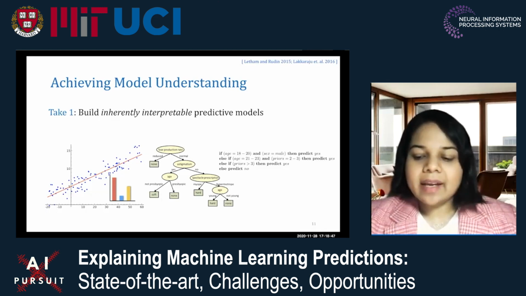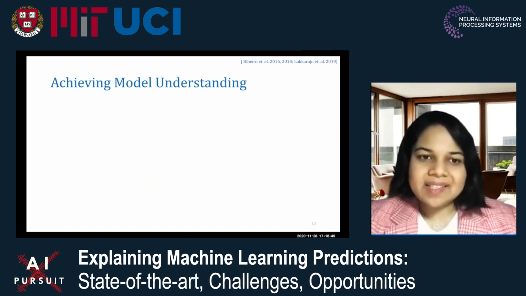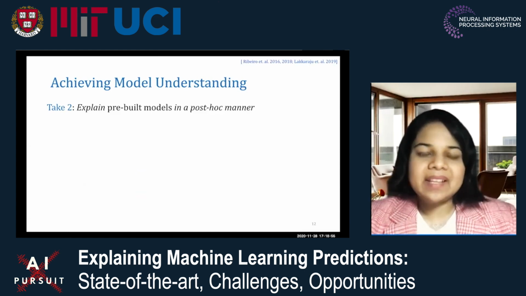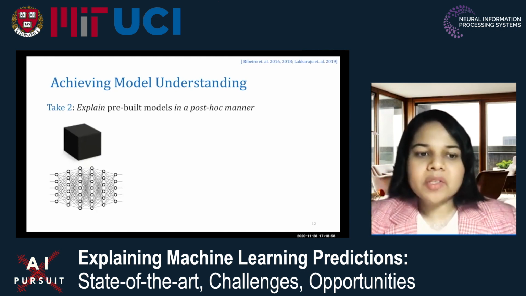The second approach to achieve model understanding is to basically explain pre-built models in a post hoc manner. For example, let's say we either have a black box model or we have a very complex model like a deep neural network with several tens or hundreds of layers.